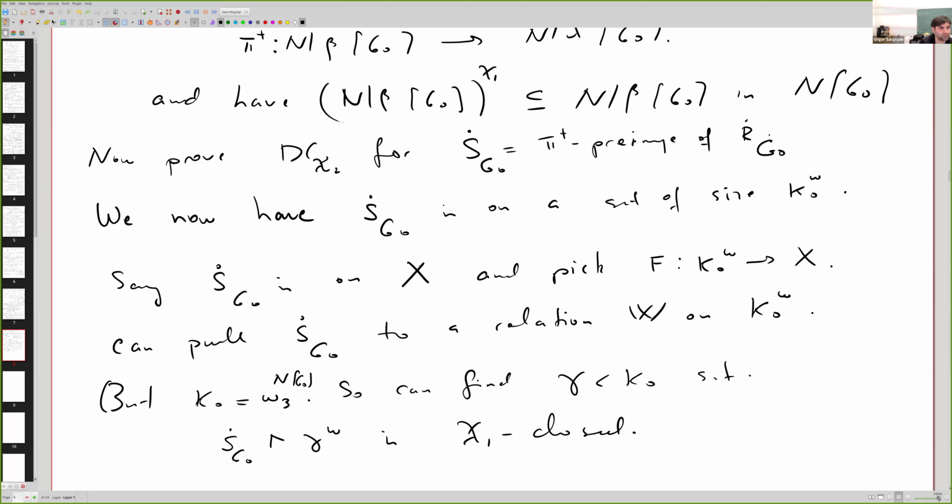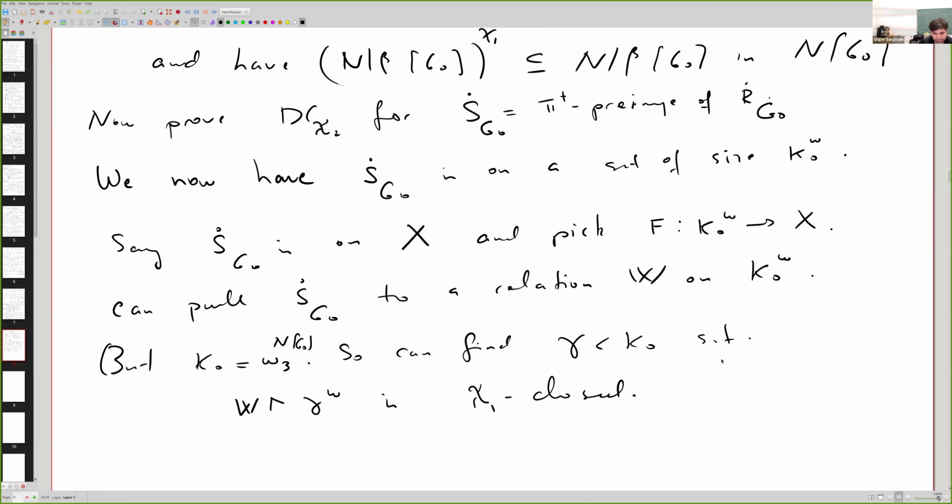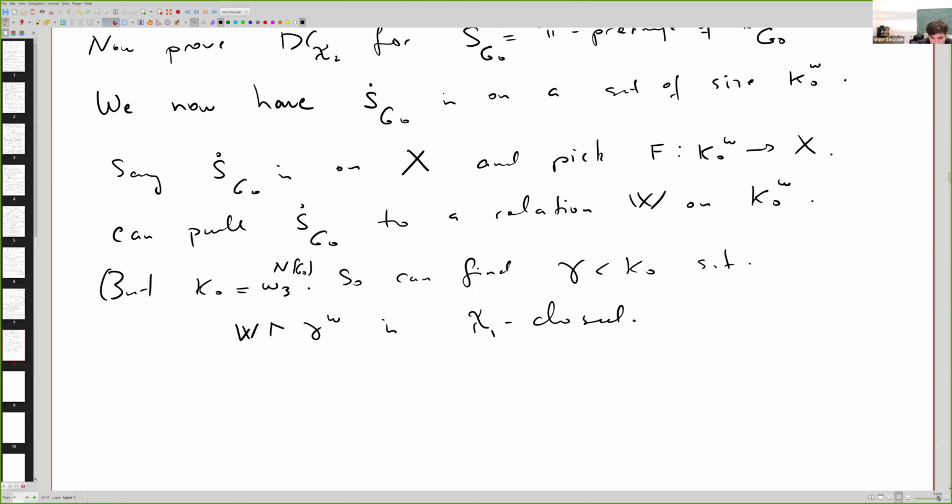Sorry, not this relation. That relation is not on the W. Let's make some justice to Alephs. Okay, Aleph 2 closed.